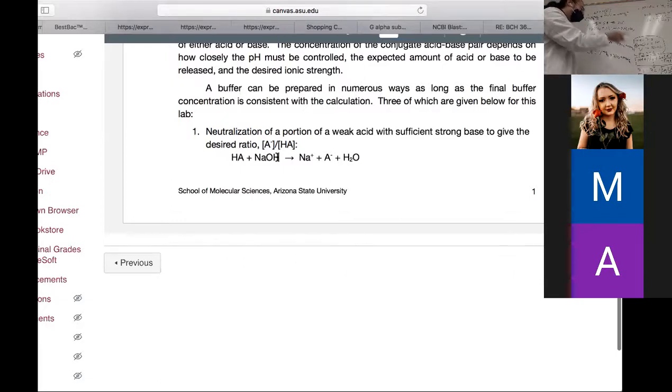After that, you just weigh this specific amount of weak base and weak acid, mix them together, add water, bring the volume to 50, and that's how you make the buffer with the third method.